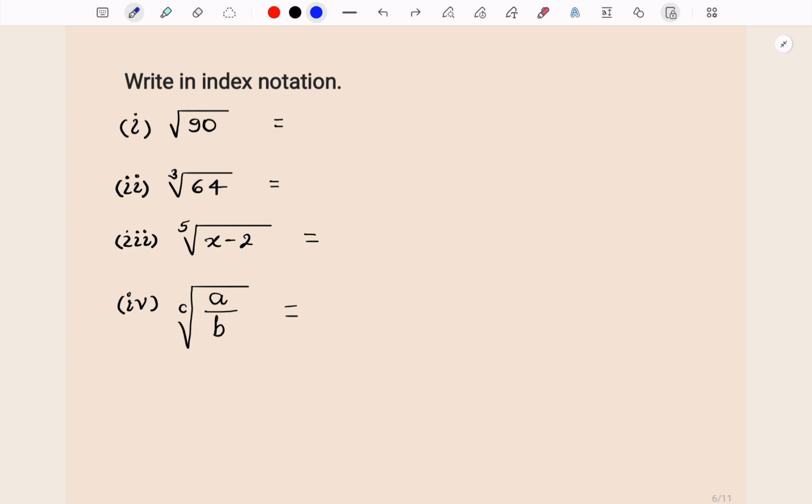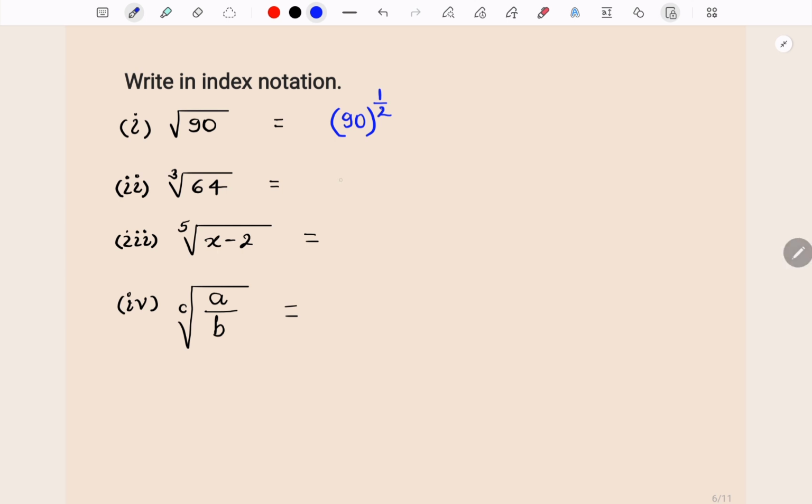Write in index notation. In the first example, we have square root of 90. Square root of 90 is nothing but 90 raised to the power 1 over 2. The second question is cube root of 64.